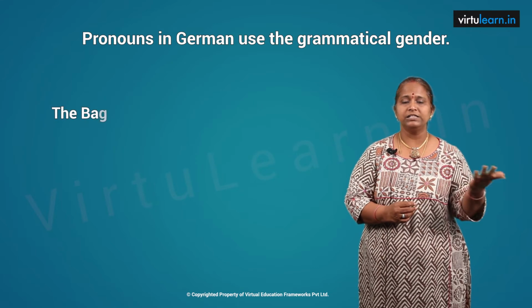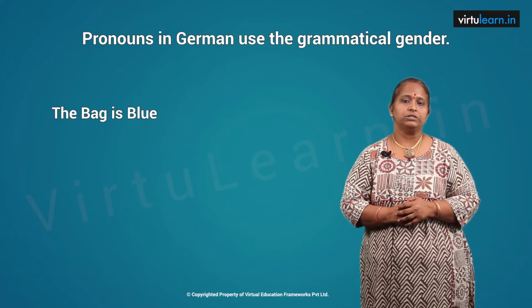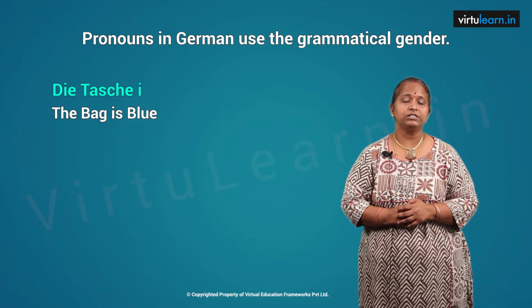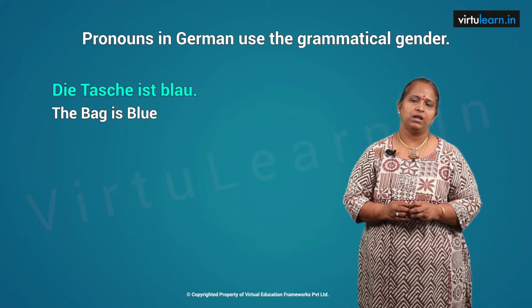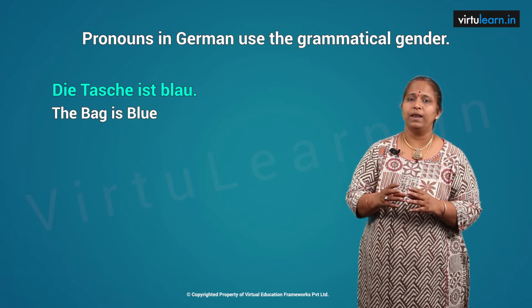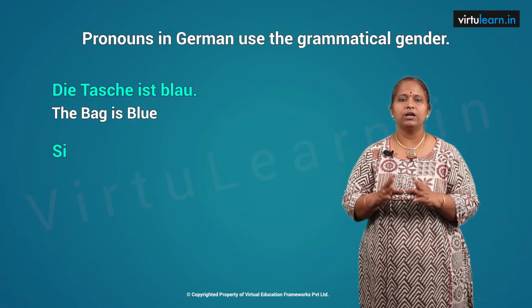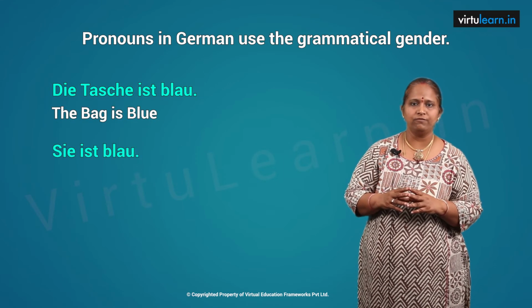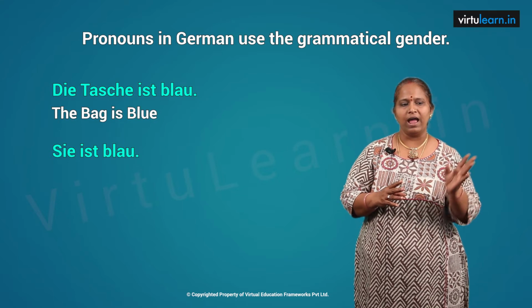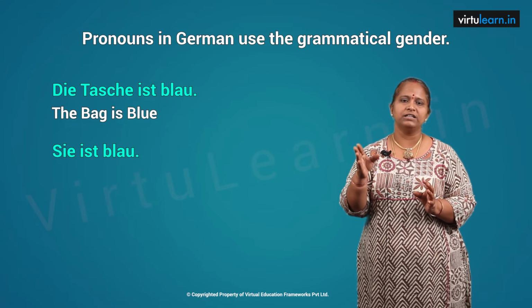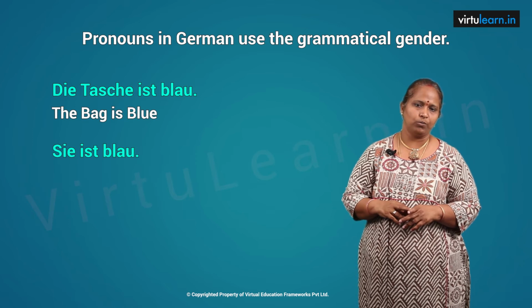The bag is blue. So die Tasche ist blau. Sie ist blau. I don't have to use the word die Tasche again. I can simply look at the bag and say sie ist blau.